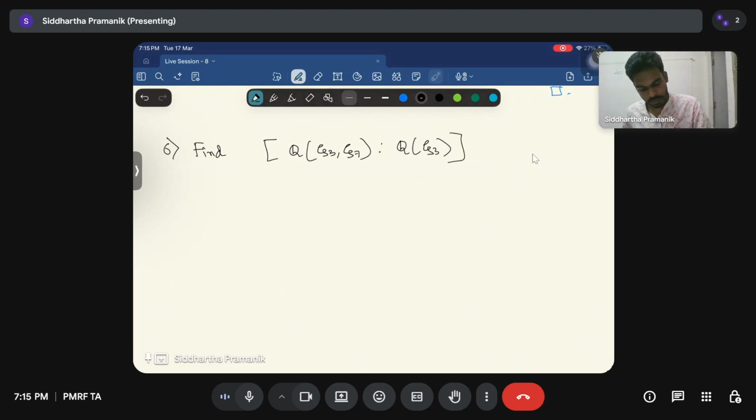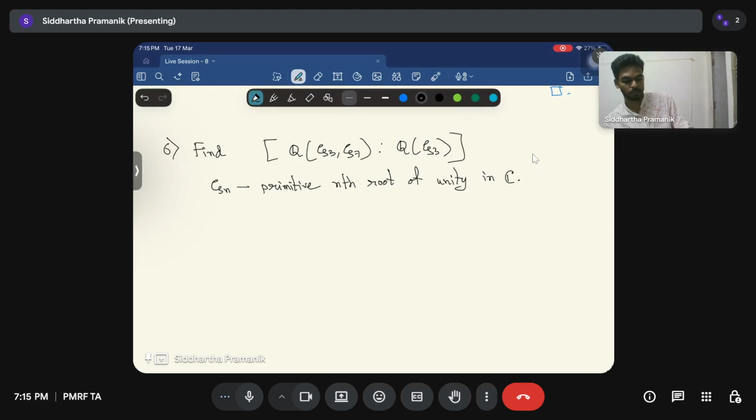So this zeta n is actually the primitive nth root of unity in the field of complex numbers. So we need to find this degree of extension.